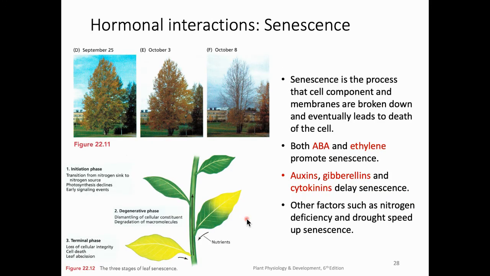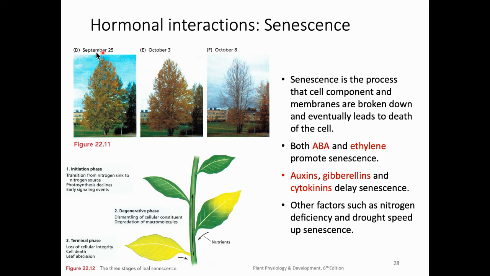The next one is the interaction between cytokinin and ABA, auxin and gibberellin and cytokinin. All that we learned today is about senescence. Senescence just means aging. You can see it in the falling leaves during winter in the seasonal temperate zones of the planet.